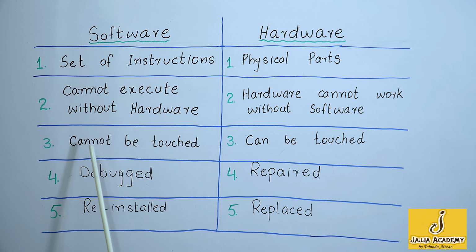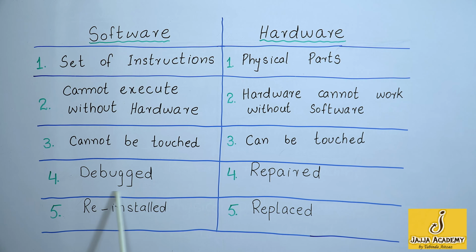Next, software cannot be touched, whereas hardware, as we discussed, are the physical parts of computer, so the hardware can be touched. The fourth difference is that software is debugged in the case of a problem.